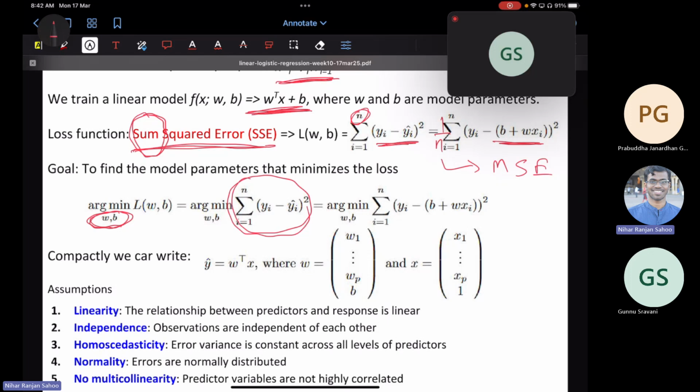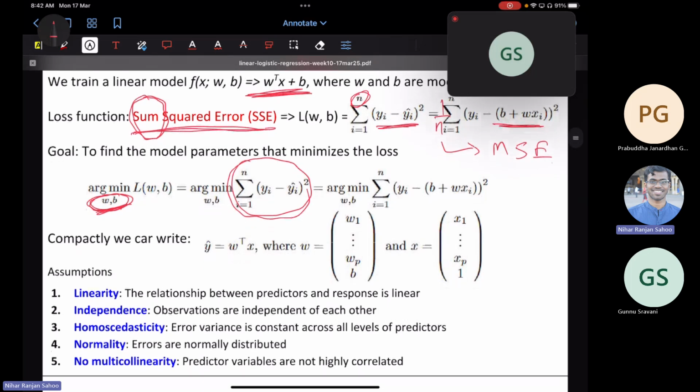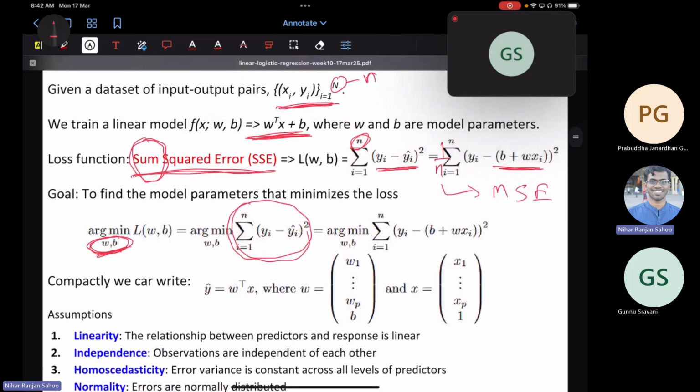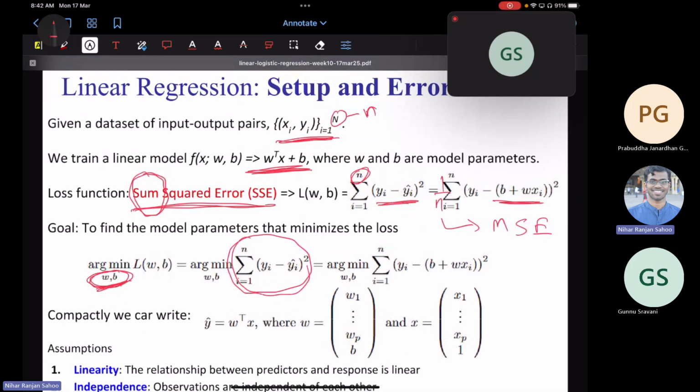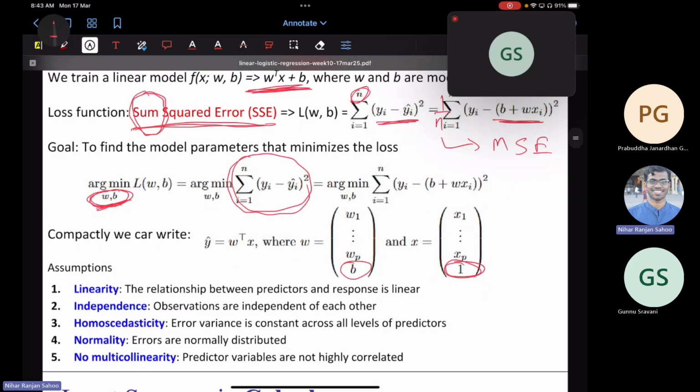This is the loss function, so that's why we have written argmin. Our target is to find w and b that minimize this function. Going ahead, as another representation modification, I will not be writing b plus w xi explicitly. We can write b directly as part of this w vector, and the corresponding x will be 1. All these things you should be knowing.